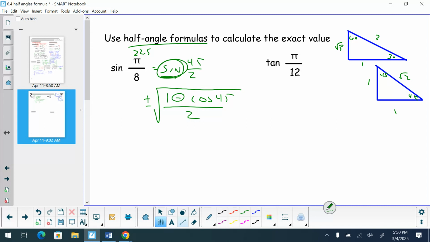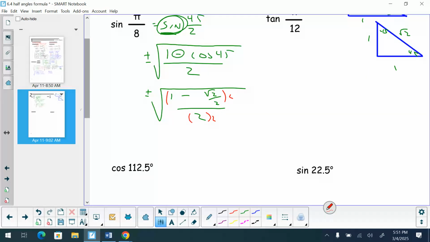So substituting in, we have plus or minus square root of 1 minus square root of 2 over 2, all over 2. And we can multiply top and bottom by the value of 2, leaving us with plus or minus square root of 2 minus square root of 2 over the value of 4.